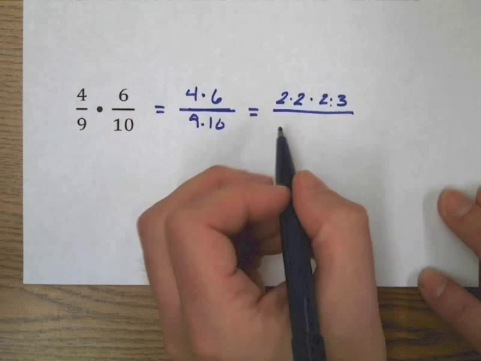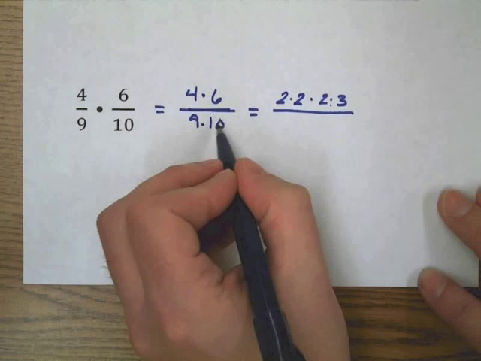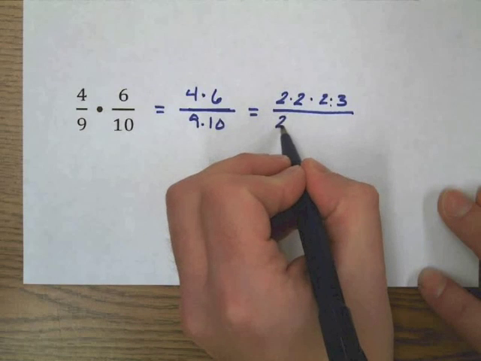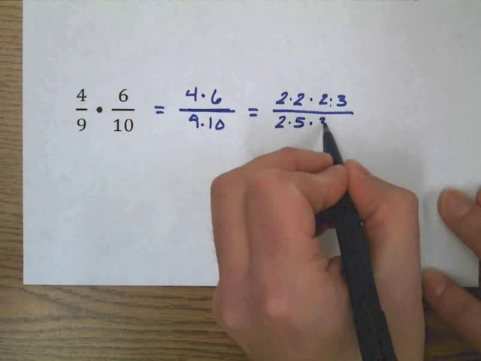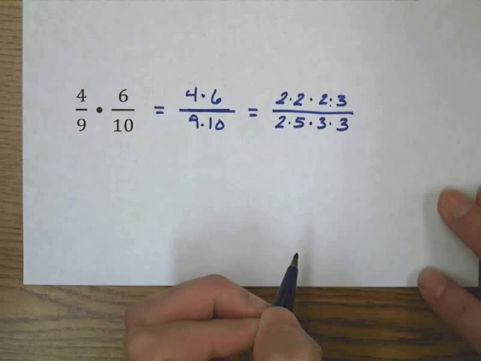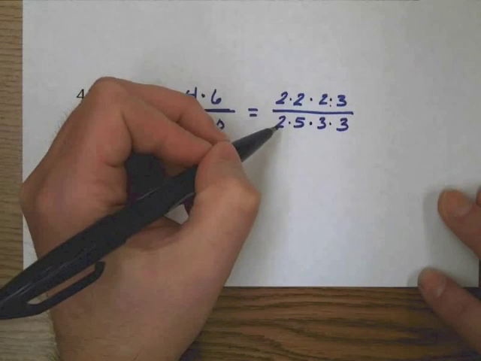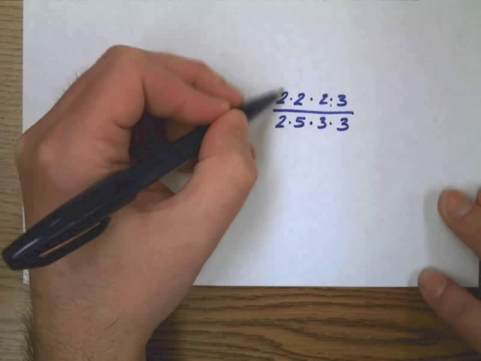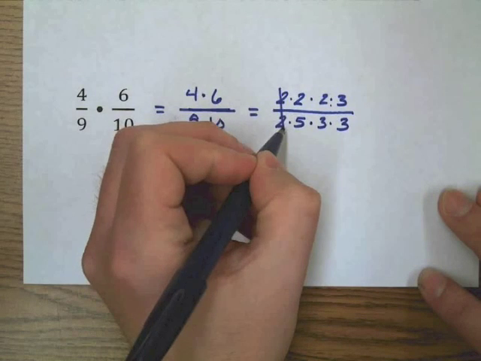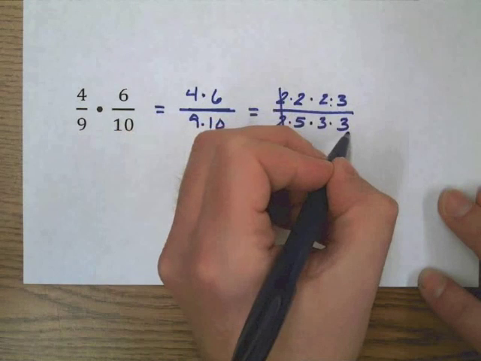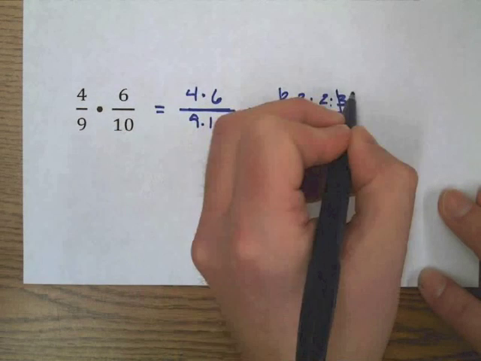Over here, I'm going to think of this as my 10 first. So 2 times 5, that's my 10, times 9, 3 times 3. Well, here I have some factors that are in common. I have 2 over 2. That is 1. 2 divided by 2 is 1. 3 divided by 3 is also 1.